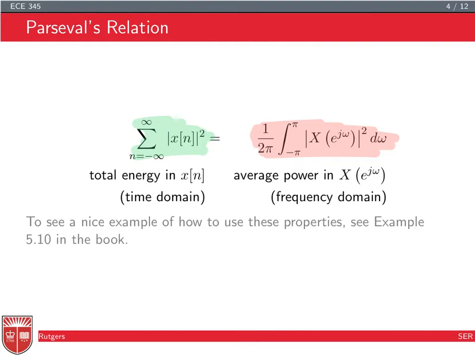You can find the energy either in the time domain or in the frequency domain, and you would get the same result. There's a nice example on how to use it in the book. So you can do example 5.10 in the book as a try-it-yourself exercise.